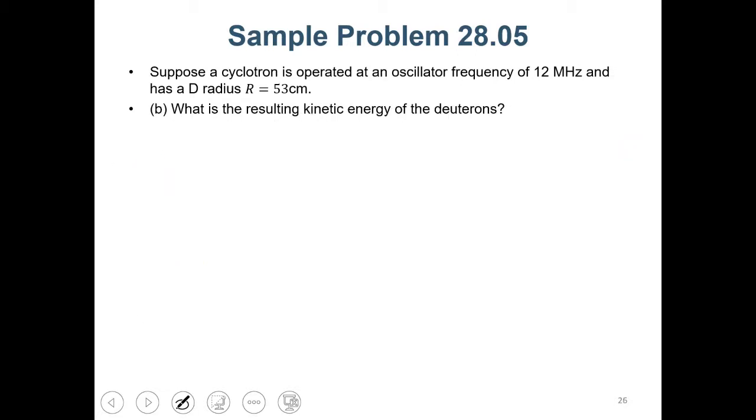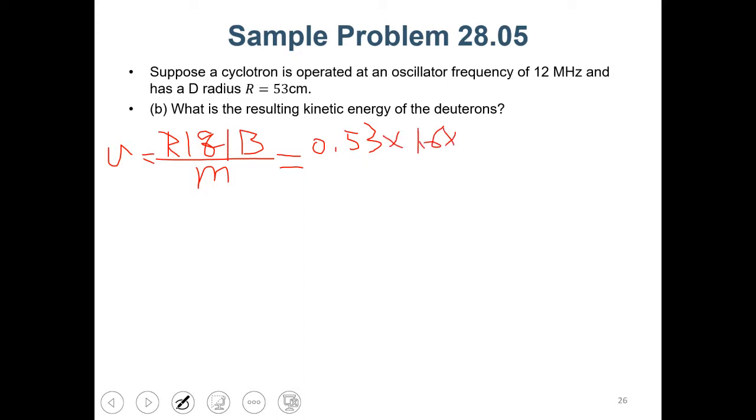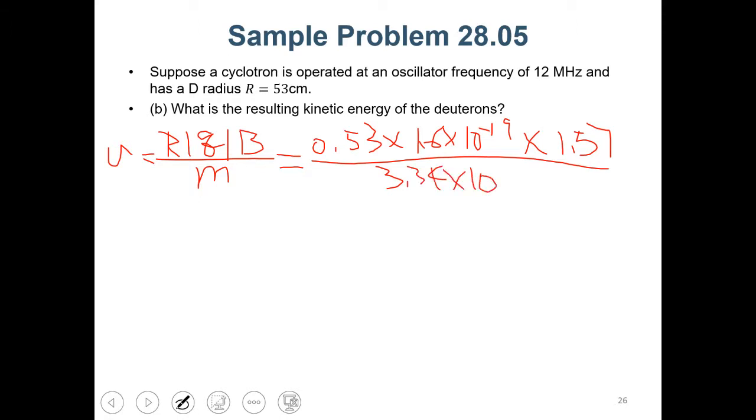Okay, let's move on. So for B, what is the resulting kinetic energy of the deuteron? So v is r times q times B over m, which is 0.35 times 1.6 times 10 to the minus 19 times 1.57 over 3.34 times 10 to the minus 27.